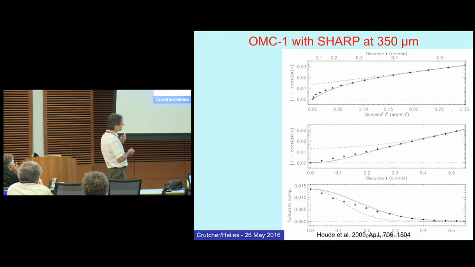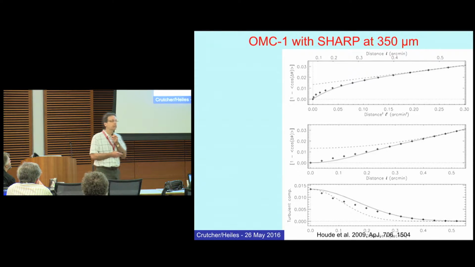What is this? Well, this is the dispersion function here, as a function, here at the top, of the lag squared. The reason we do that is that it's often easier to see the difference in scale between the large-scale component and the turbulent one. So the symbols here are the data. The solid line is a fit.